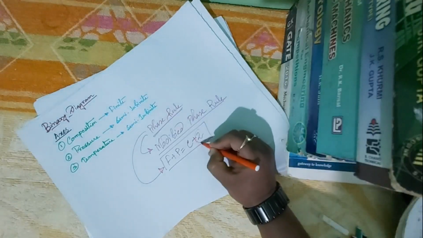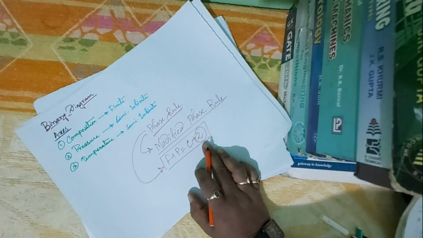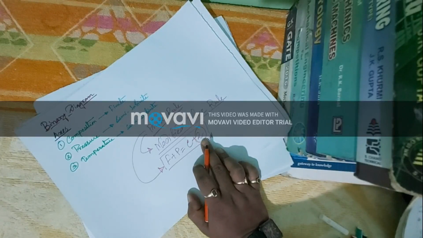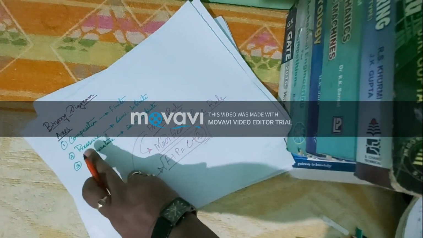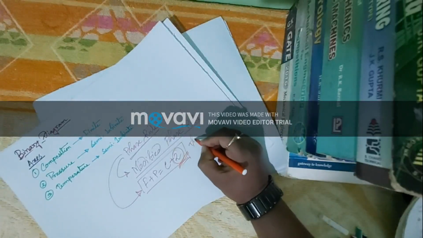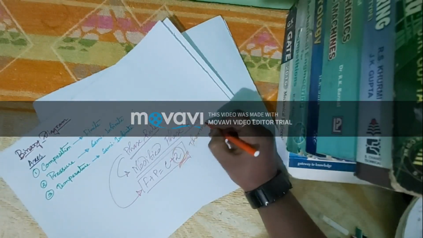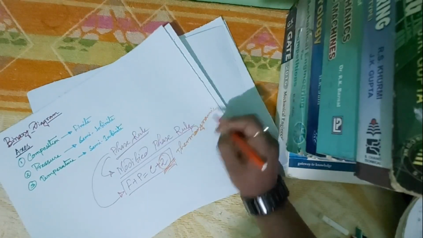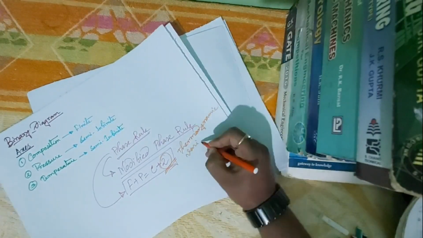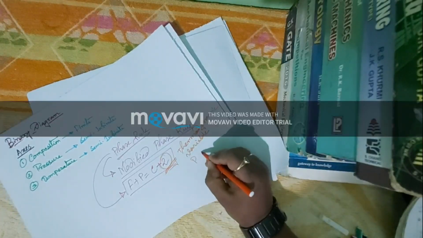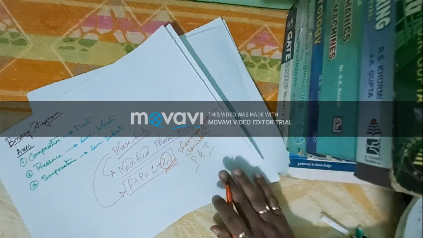So what is 2 in this phase rule? This 2 is for the thermodynamic variables, pressure and temperature. One is pressure and another is temperature.